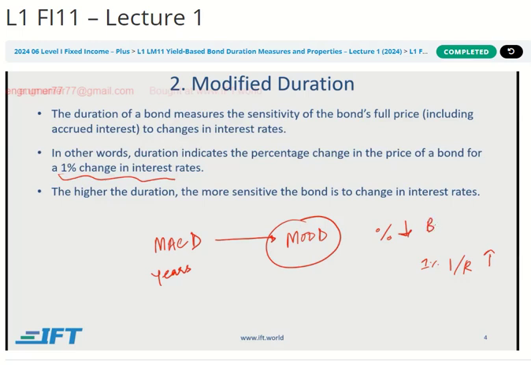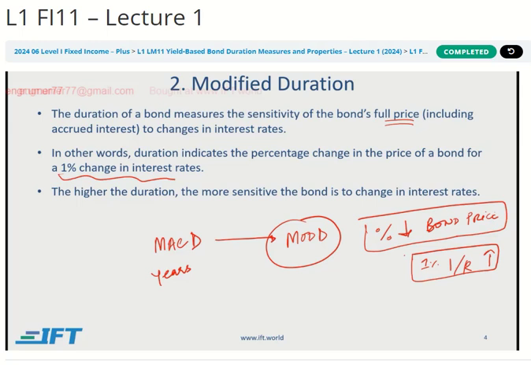And when I say bond price, I mean the full price, right? So it's not just the flat price or the clean price. This is the dirty price or the full price, which is measured against a shock of 1% to the yield.